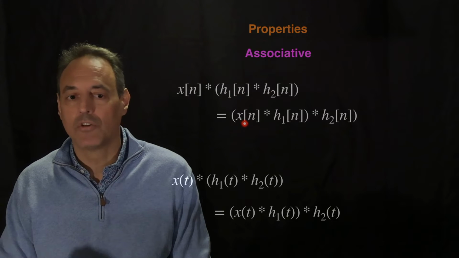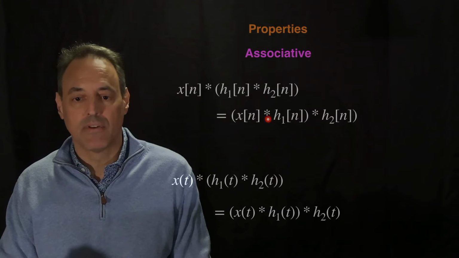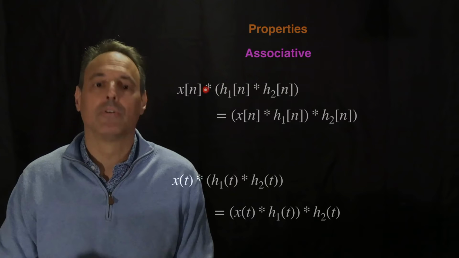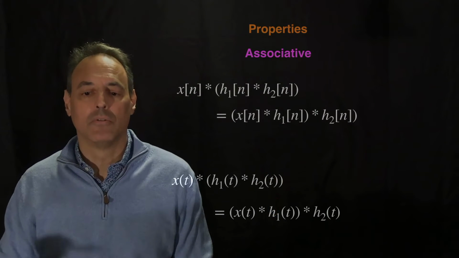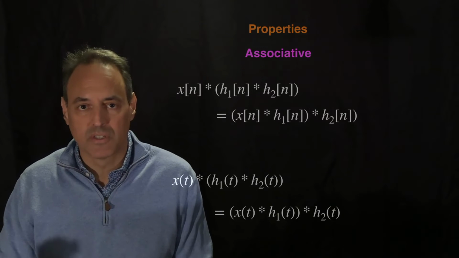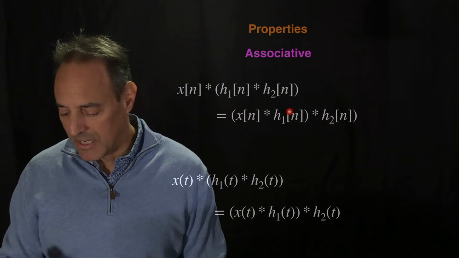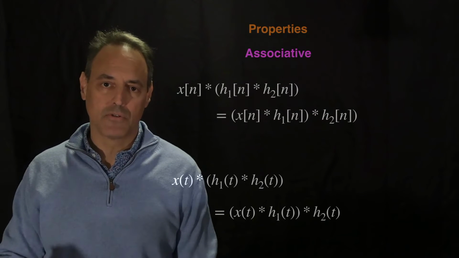If they're linear, then you can first take h1 convolved with x of n, and then convolve with h2, versus doing h2 and h1 first, and then x of n. Doesn't matter. Same thing in the continuous case. So this associative property is nice. Again, if it turns out to be easier to calculate one way than the other, you would just do it because you have this associative property holding.